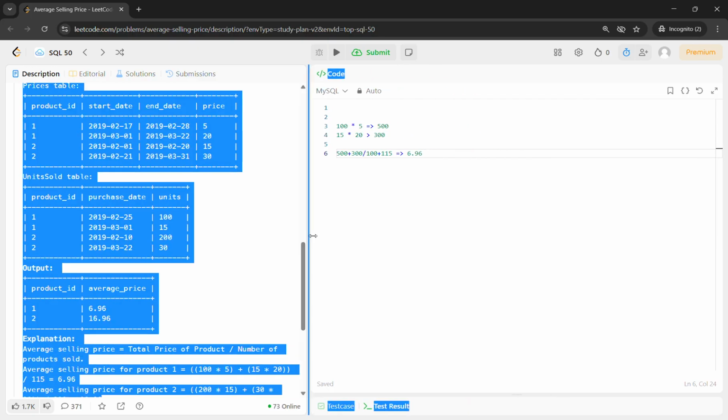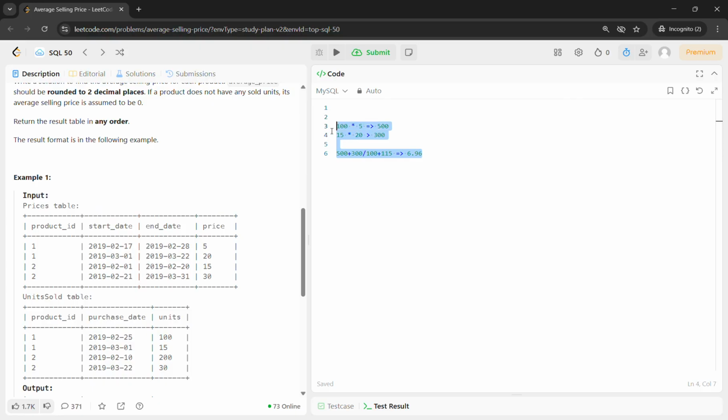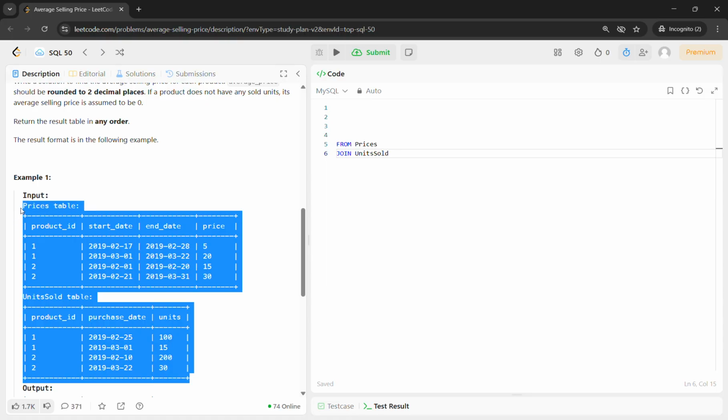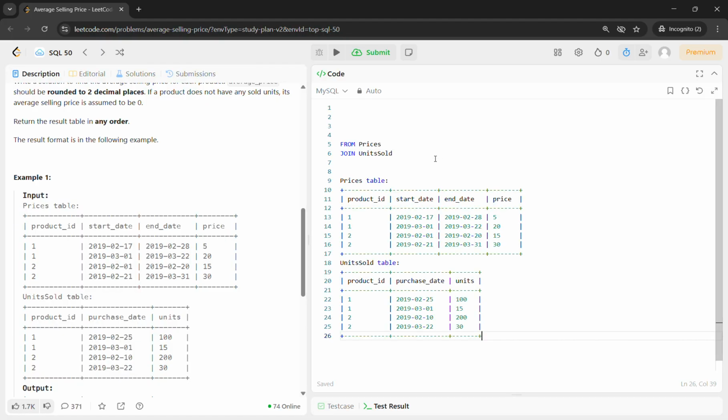Now let's try to write a solution for this problem. We will write in the order of execution. We will write from prices join units sold. After writing this much, we have both the tables, right? And then we have to write the on condition.